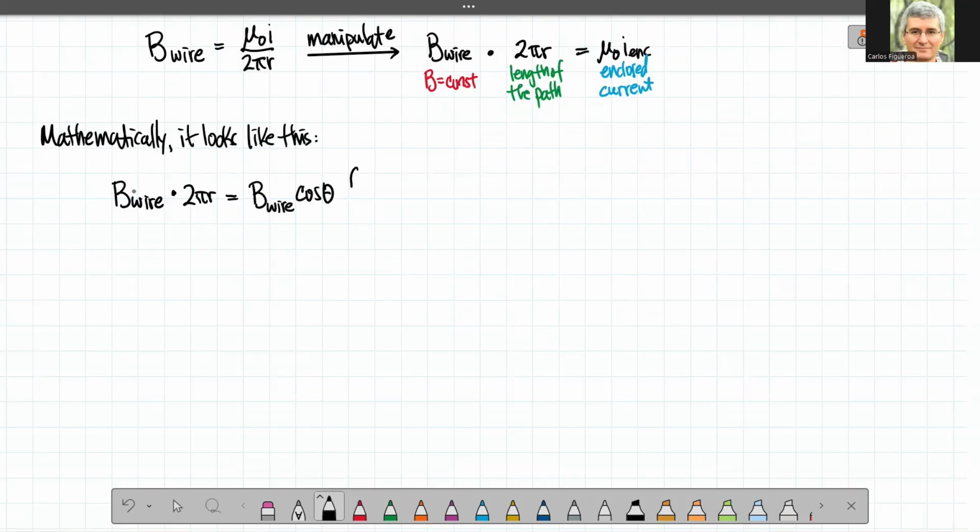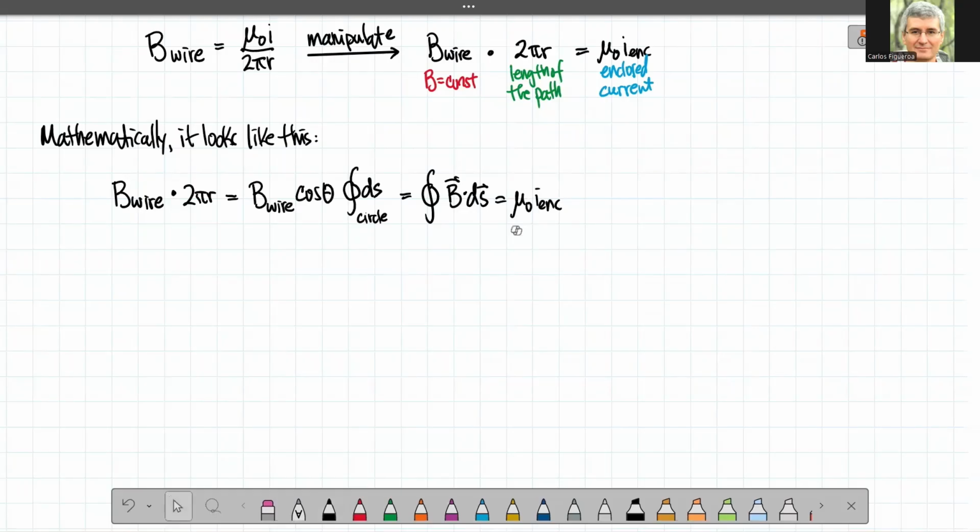But now, in this case, we are using a path integral over a circle. So if I rewrite this, this is now a closed integral of B dot ds, and this equals mu naught I enclosed.